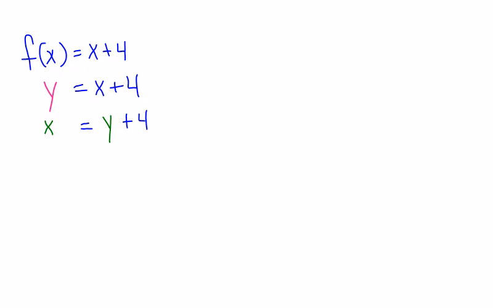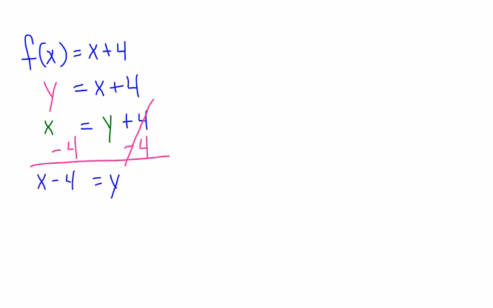Now we're going to solve for that y, so I'm going to get y by itself. I'm going to subtract 4 from both sides, and so we end up with y equals x minus 4.